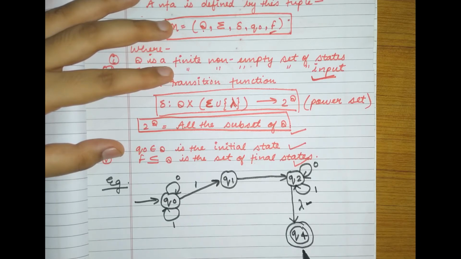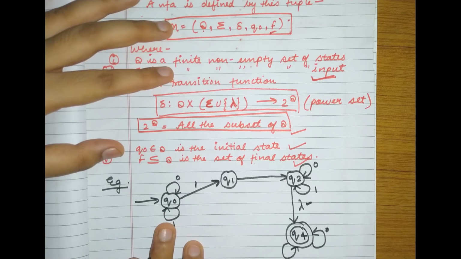This is represented by a double circle, as we all know. In state q4, the function is the same for 0 and 1: if we receive 0 or 1, we stay in the same state. Coming back to our initial state, if we receive 0 here, we enter a new state, that is q3.